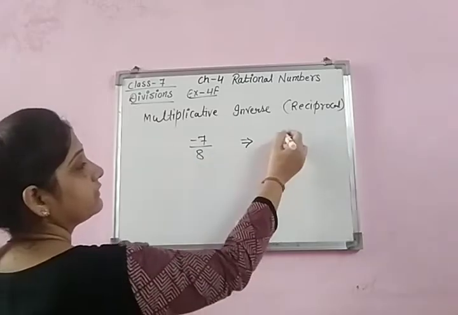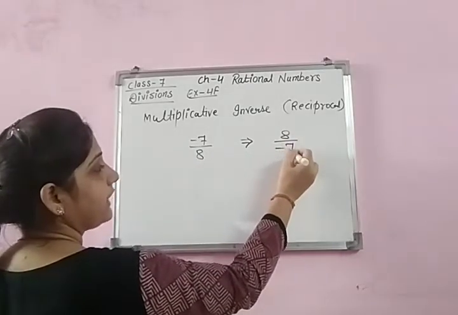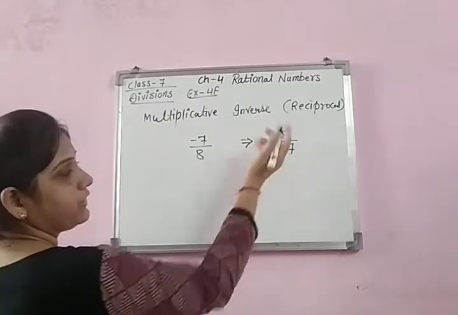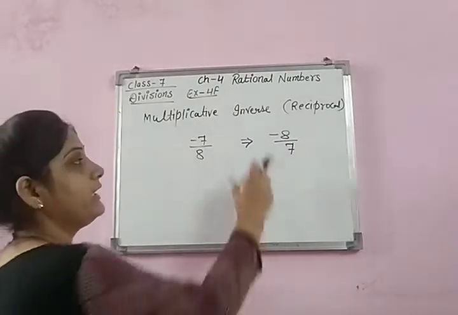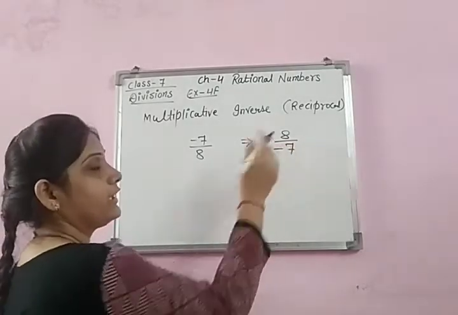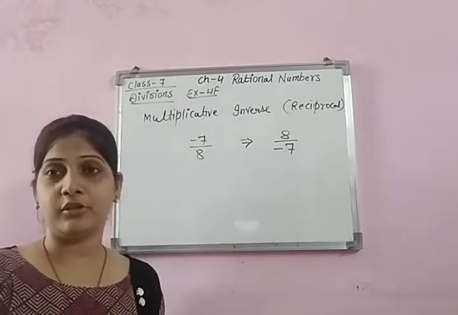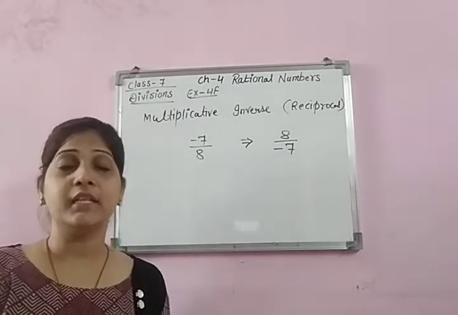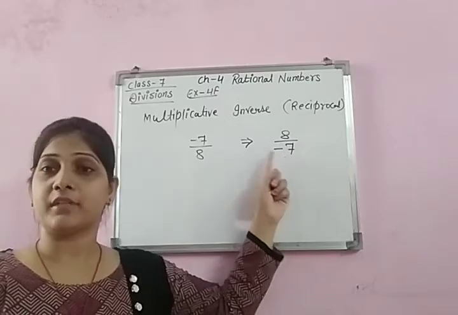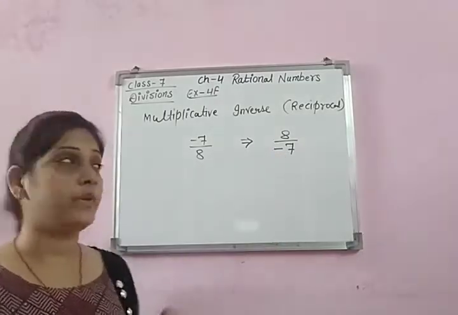So 8 divided by negative 7, and this negative we can put here, it doesn't matter. You can put the negative according to your convenience, in the numerator or in the denominator, but generally we keep the denominator positive, so we shift it to the numerator.